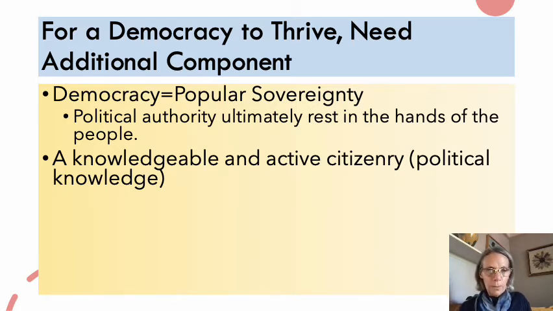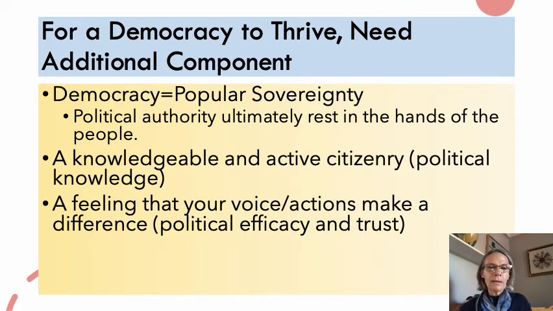And so a democracy has to be filled with individuals that have political knowledge, or it is just a sham, right? If the people are not knowledgeable and they're not active, then saying rule of the people doesn't mean much, because people don't know anything about politics and they also don't actively get involved in politics.